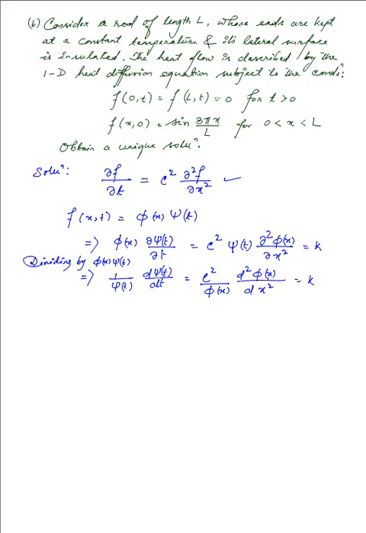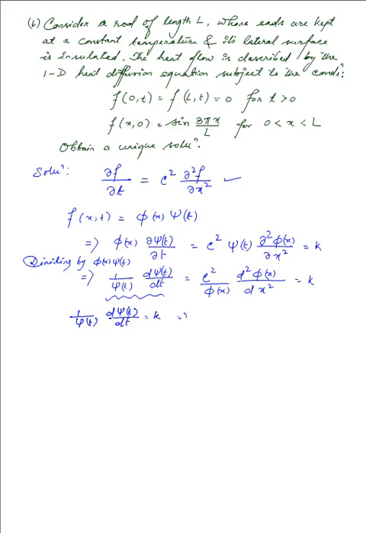So for the first term, it's fairly easy in this case. Equating it to k, we get 1 over psi t d psi t over dt is equal to k.